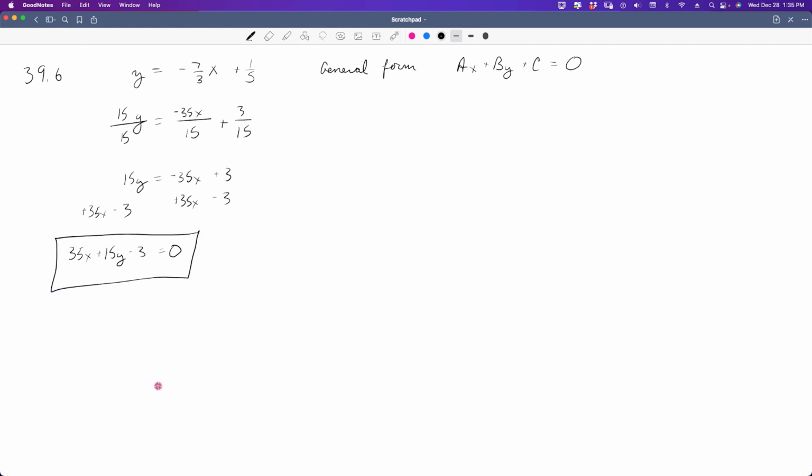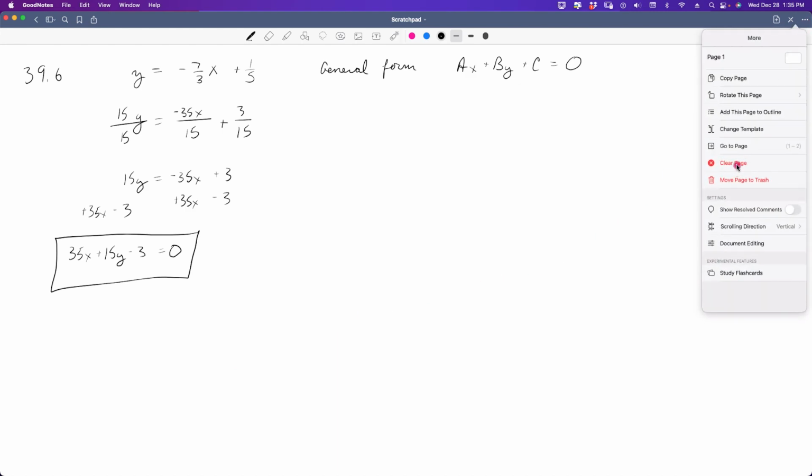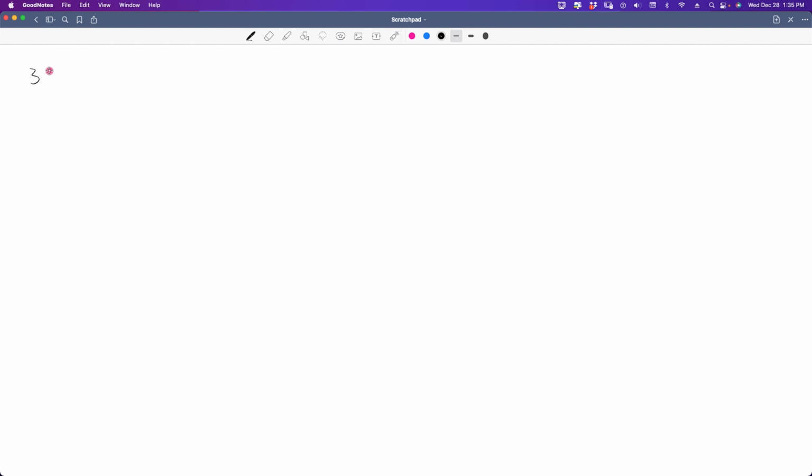Okay. That was 39.6. So let's look at 39.7 and see what we can do with that. 39.7 tells us that we want to use point slope form, and we want to find the equation of the line whose slope is negative 1/3.